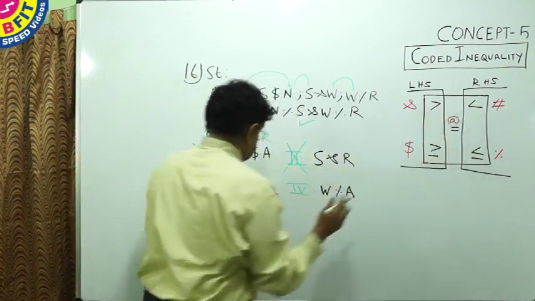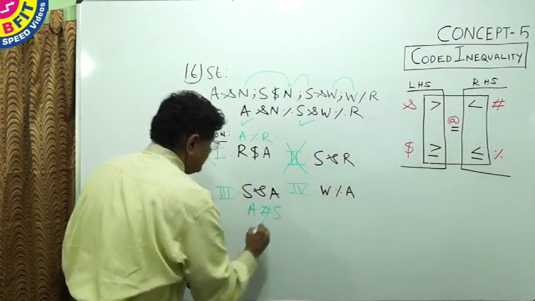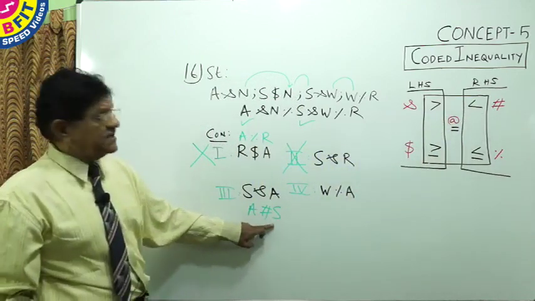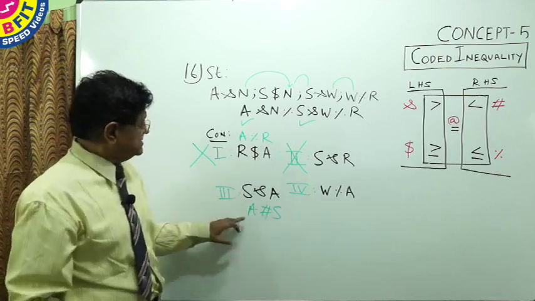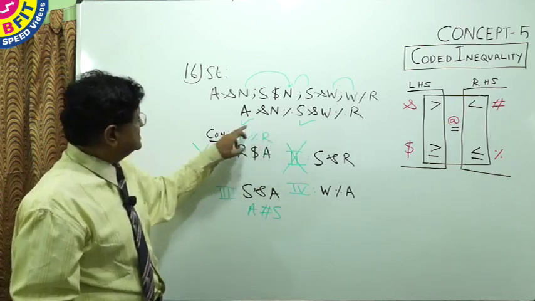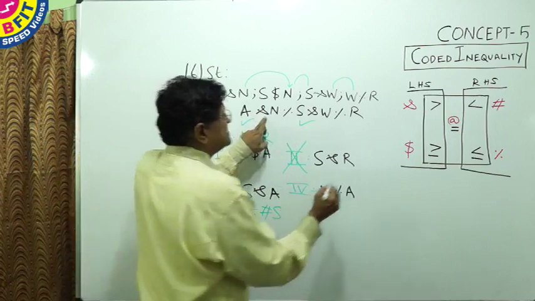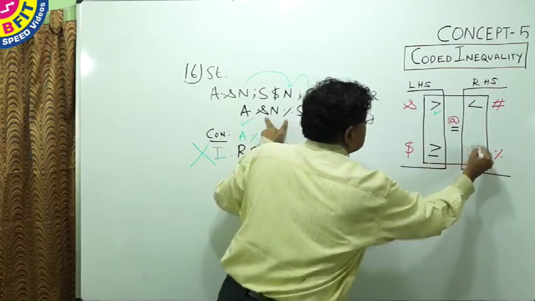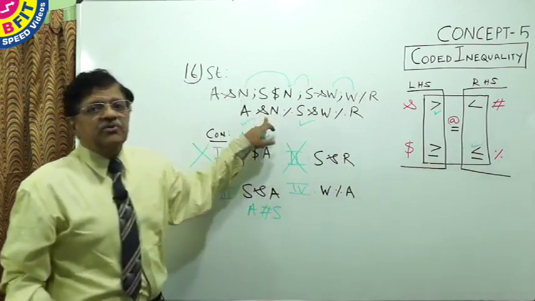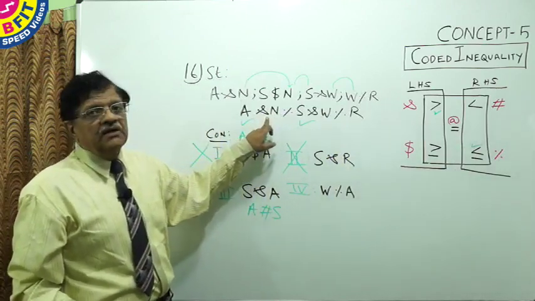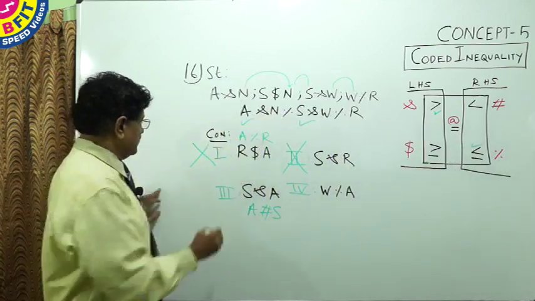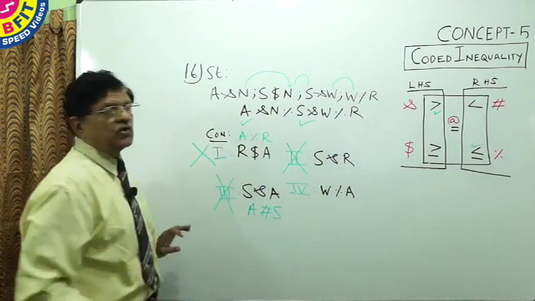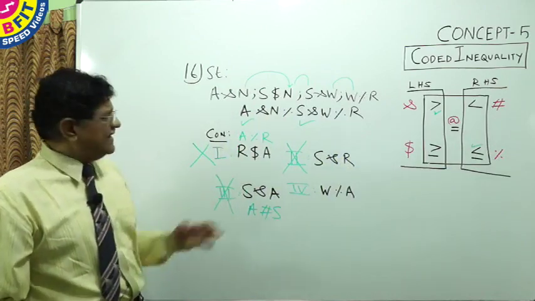Opposite of ampersand is hash. Therefore we have to verify whether A hash S is true in the magic box. Between A and S, what are the symbols? Ampersand and percentage. Again we have crossed to the opposite side. No conclusion. Therefore conclusion 3 does not follow. Very simple.